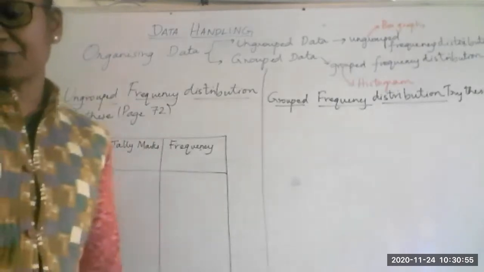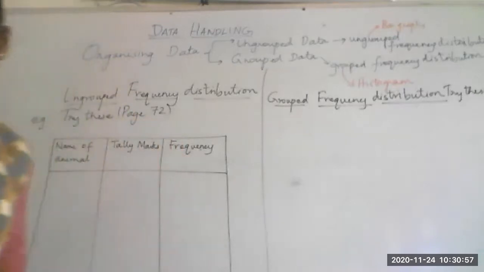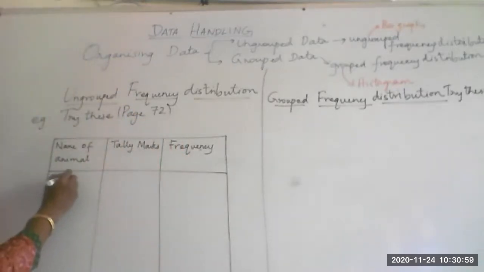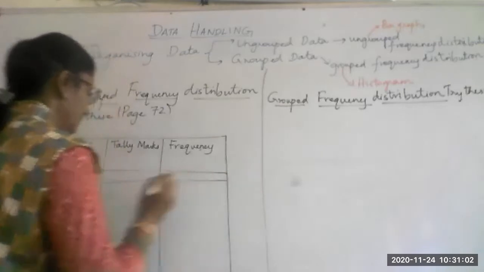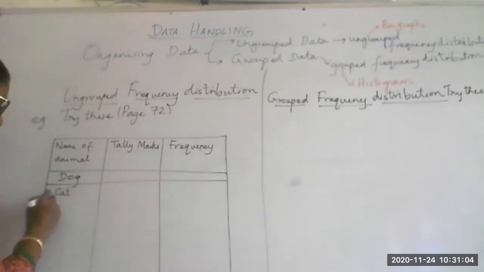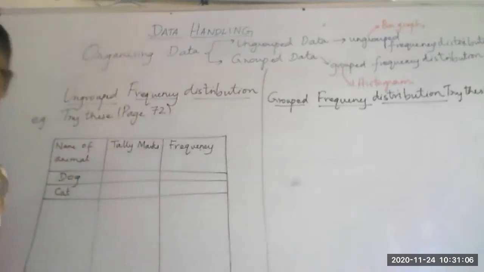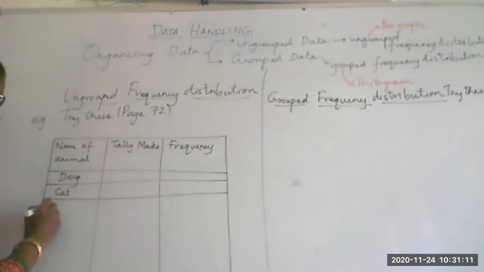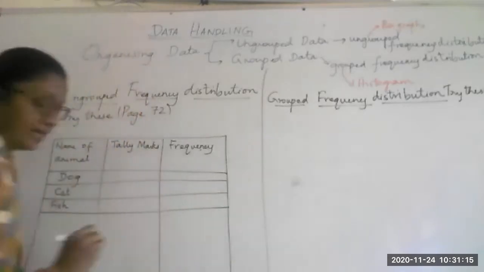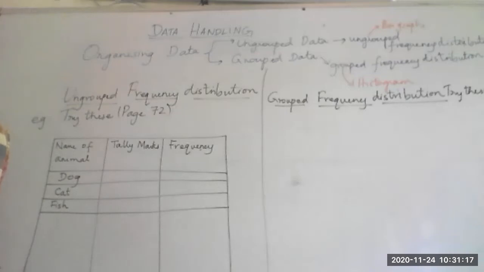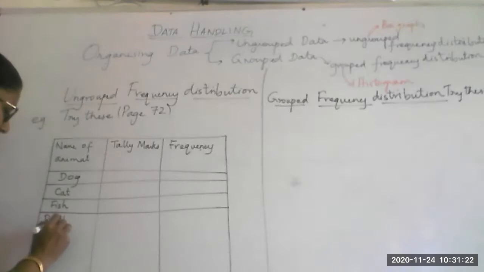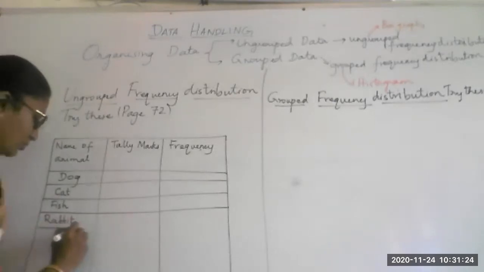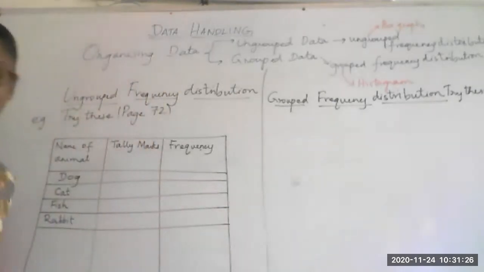So which are the different kinds of animals that is there? The first one is the dog. Okay. Then the next one is the cat. Correct? Then see what is the next animal which is said? Fish. Please look at the raw data and tell me which is the next animal. Rabbit. The cat is written already. Unless you scan through the complete data, you will not be able to write all this down.